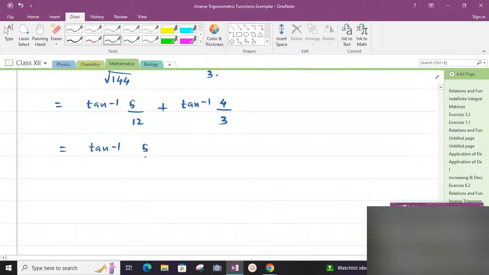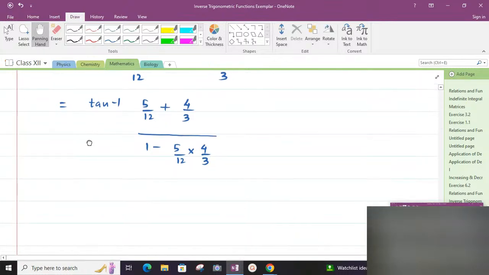It means 5 by 12 plus 4 by 3, over 1 minus xy. It means 5 by 12 into 4 by 3. Hope there is no problem understanding up to this step.